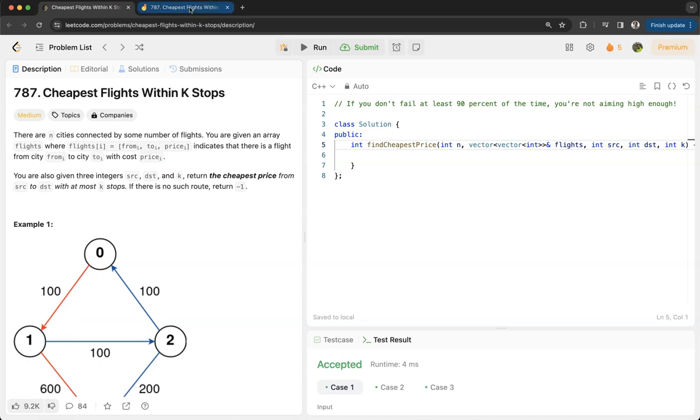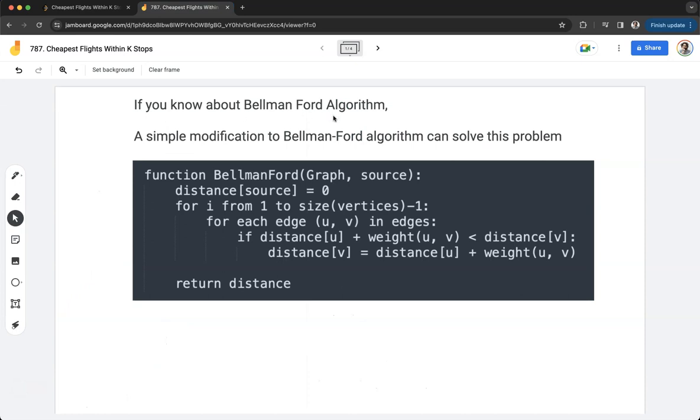If you have heard about the Bellman-Ford algorithm, a simple modification to it can solve this problem. This is the Bellman-Ford algorithm. It does something n minus 1 times, and that something is relaxing all of the edges.